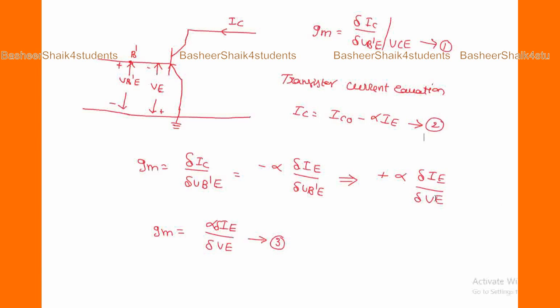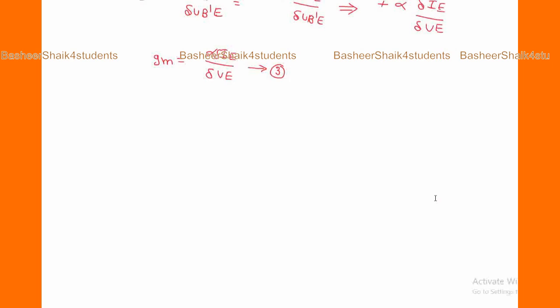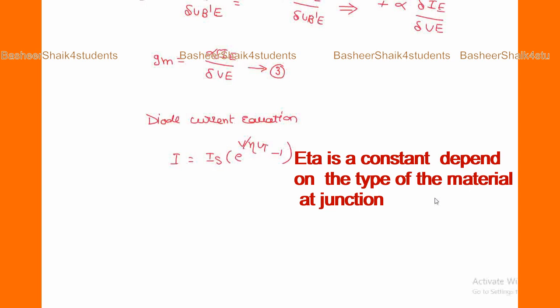In order to solve further, let us consider the diode current equation. We know I is equal to Is into e power of V by eta Vt minus 1, where V is the applied voltage, eta depends on the diffusion coefficient, and Vt is the thermal equivalent voltage.